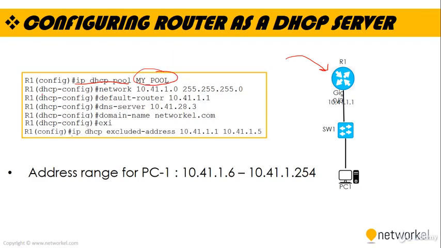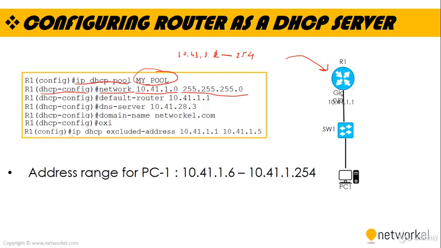Then we are getting into the DHCP config mode, as you can see, and we are typing the address range first. To define this address range, we need to type the network command, and we need to type the network ID with a subnet mask, which means our range will be between 10.41.1.10 to 24. I'm going to start from 11.